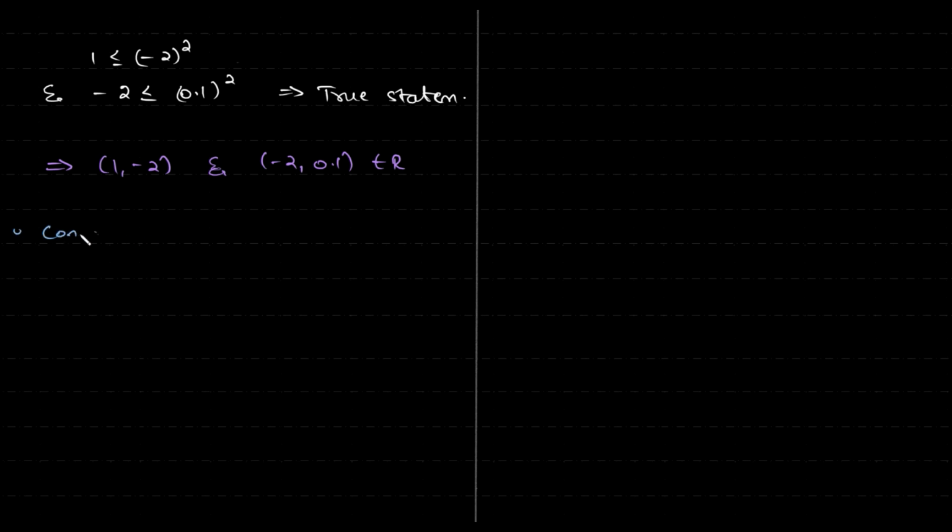Now we'll consider (1, 0.1). This has to be true as per the rule, but if it's not transitive, then it won't be true, and so we'll be able to prove it. 1 is less than or equal to 0.1 squared, which is a false statement. And so from this I can tell R is not transitive.